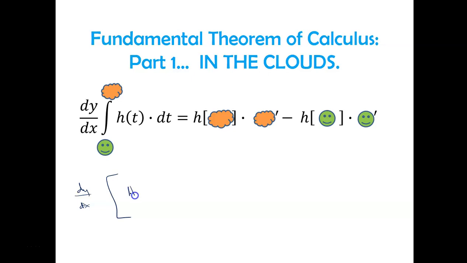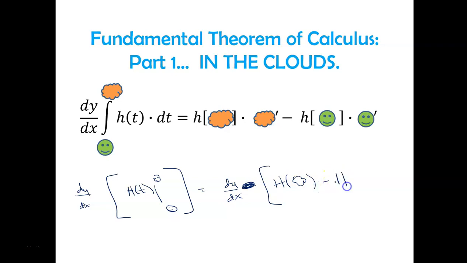That's going to be capital H of t from smiley face to cloud. Sorry, I didn't mean to draw an equal sign. That means I'm going to be taking the derivative of capital H of cloud minus capital H of smiley face.